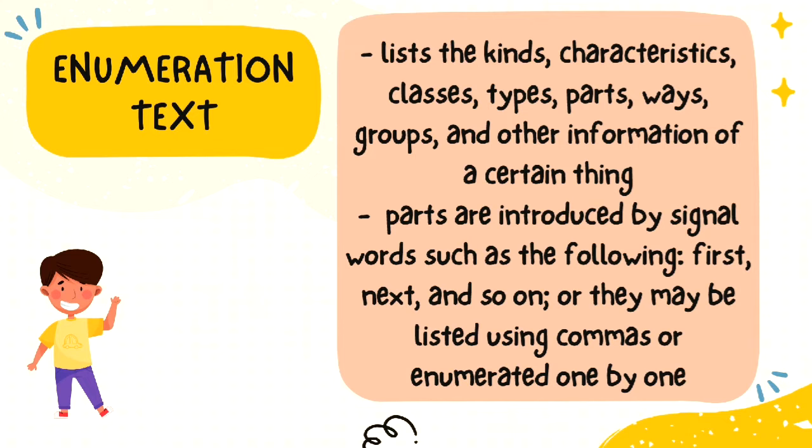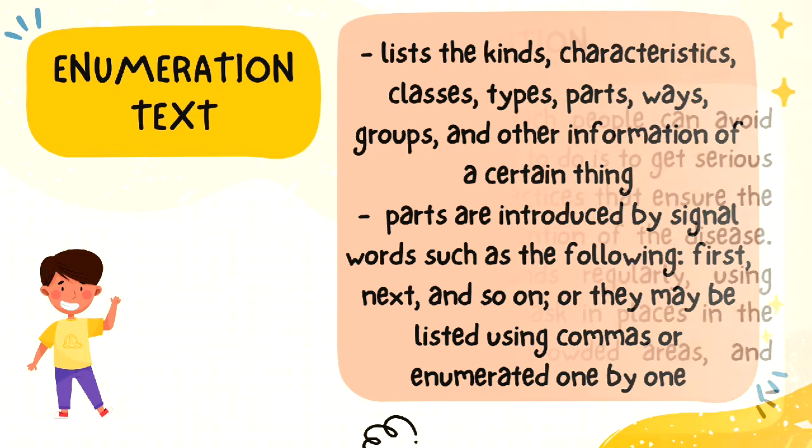In this type of text, you will notice that it lists the kinds, characteristics, classes, types, parts, ways, groups, and other information of a certain thing. The parts are introduced by signal words such as the following: first, next, and so on, or they may be listed using commas or enumerated one by one.